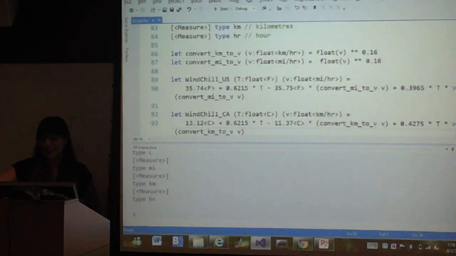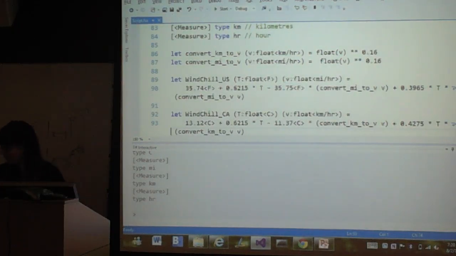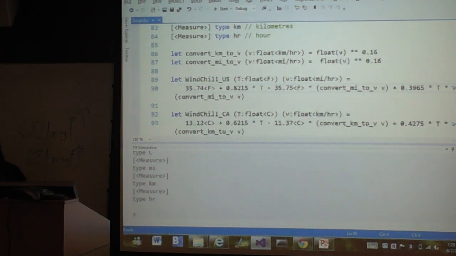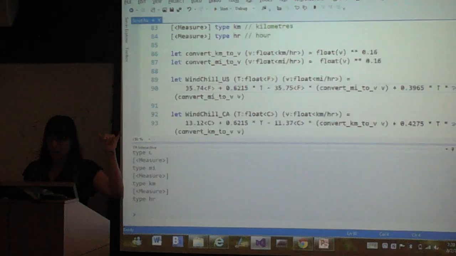To make sure that it still paid attention to both miles and kilometers, I added it. So first of all, the actual function is 35.74 degrees plus 0.6215 times the current temperature, minus 35.75 times the velocity to the power of 0.16, plus 0.4275 times the temperature times the velocity to the power of 0.16.